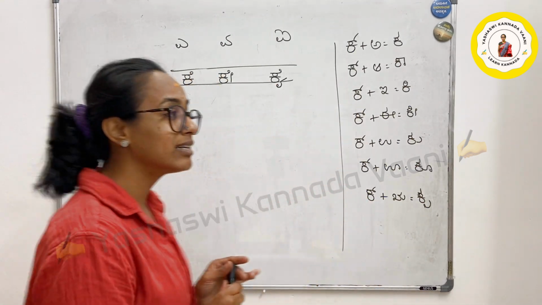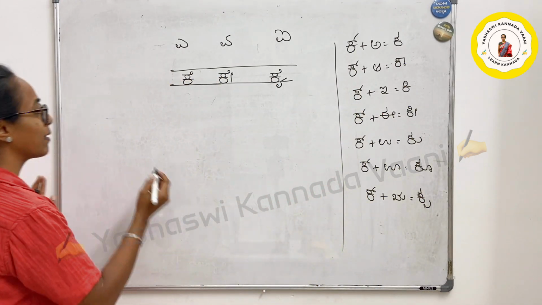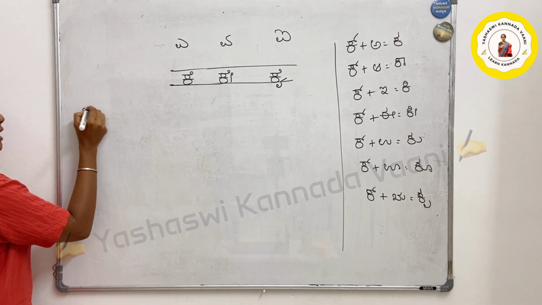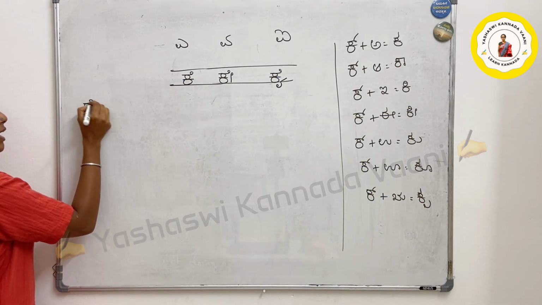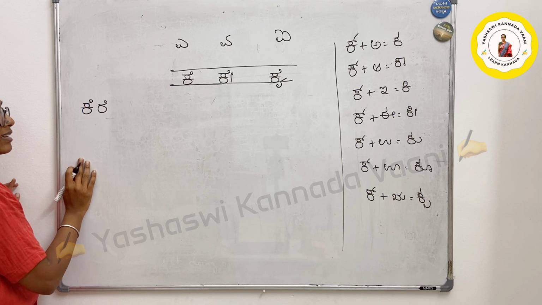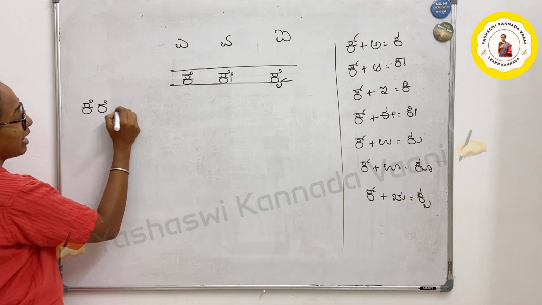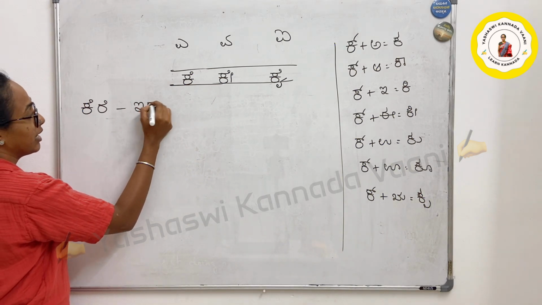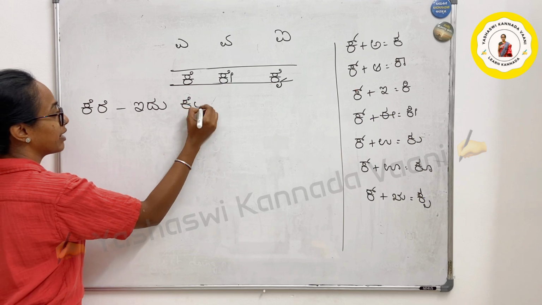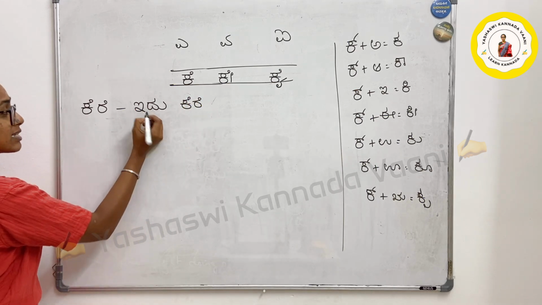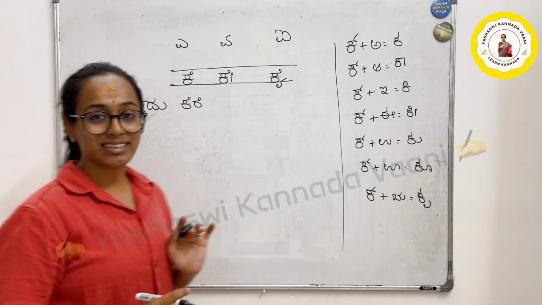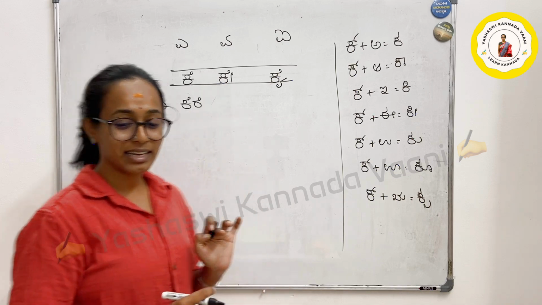First we'll learn only the words. Ke, re, kere, lake. If I have to write a sentence, idu kere. This is a lake. Clear? Okay, next.